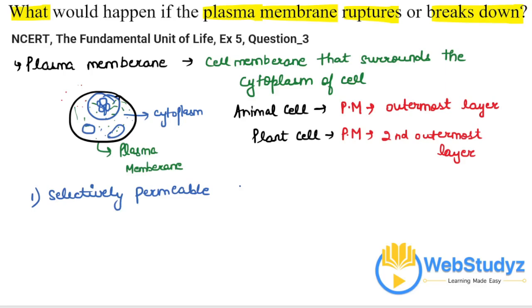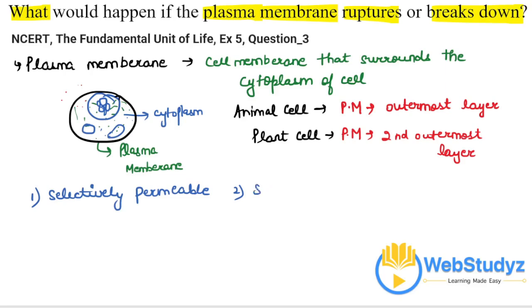It does not allow everything to flow inside and outside of the cell. So it controls the amount of substances coming in and going out. Secondly, its main function is to protect the cell and separate it from the environment.